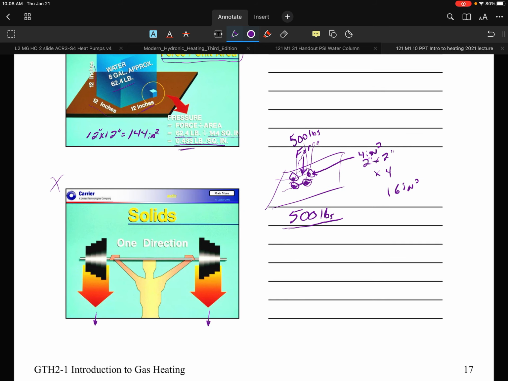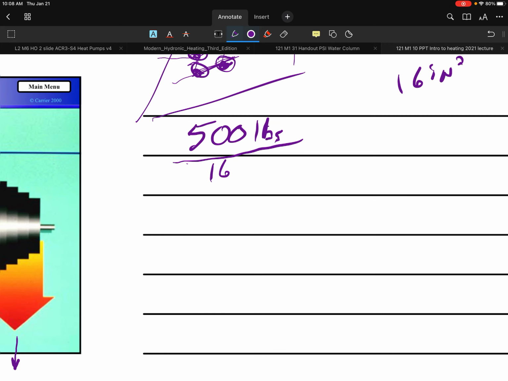And if we were to divide that by the total area of what this is sitting on, which is essentially 16 inches squared, I now have a ratio of essentially 500 divided by 16, which is coming out to about 31.25 pounds per square inch.